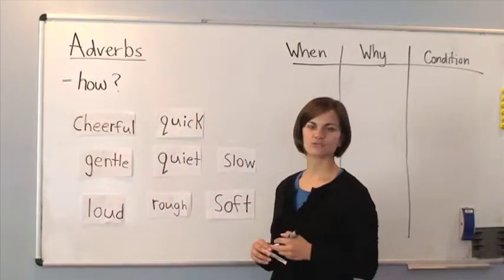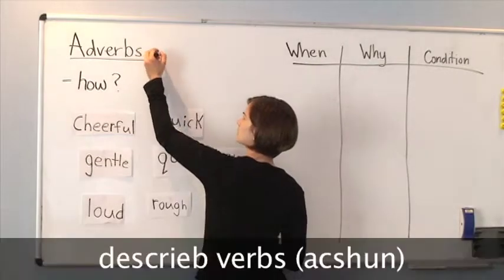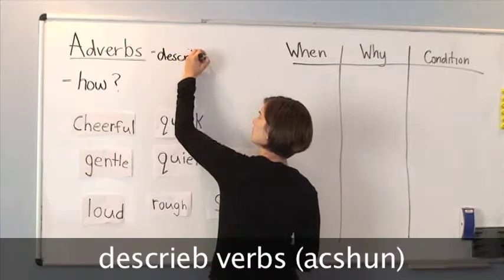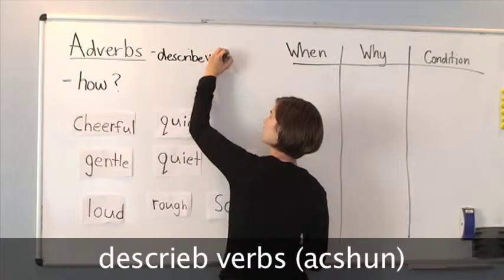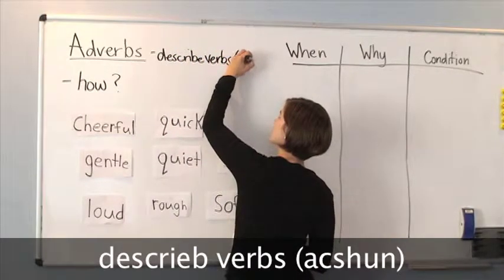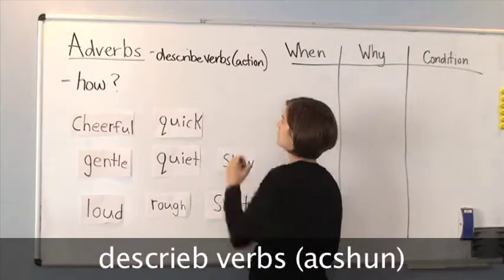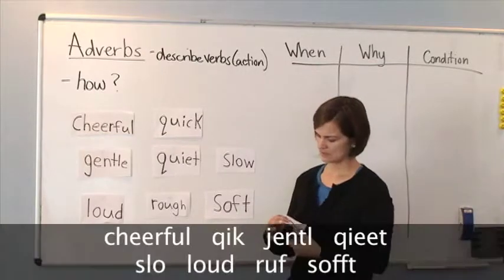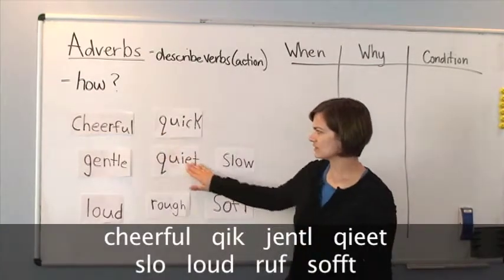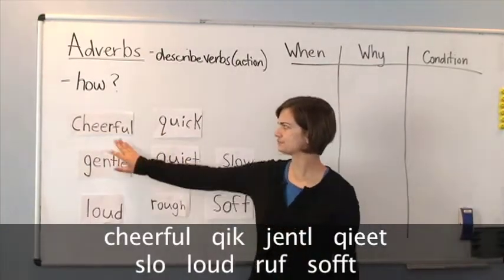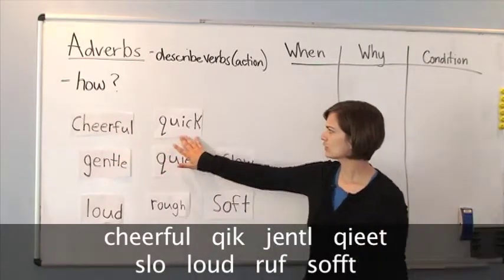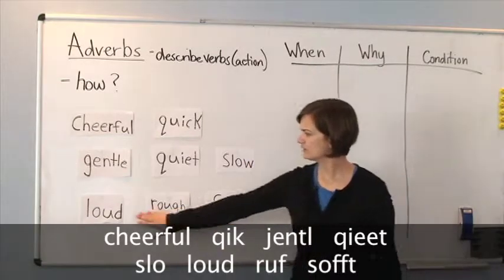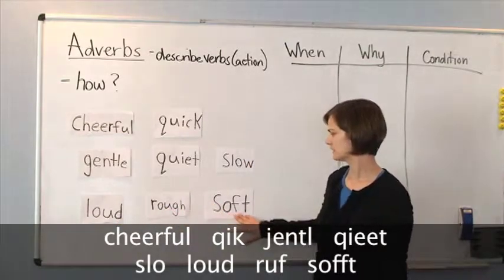Adverbs describe verbs, which is most times an action. So we were answering the question of how. And remember, we were using some of these words. Let's just say these words together. Cheerful, quick, gentle, quiet, slow, loud, soft.